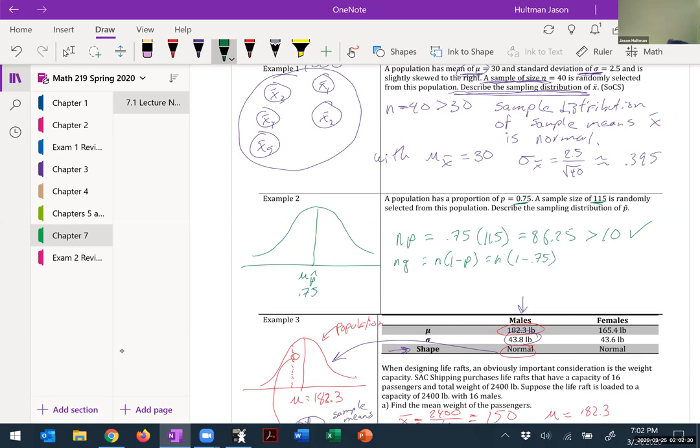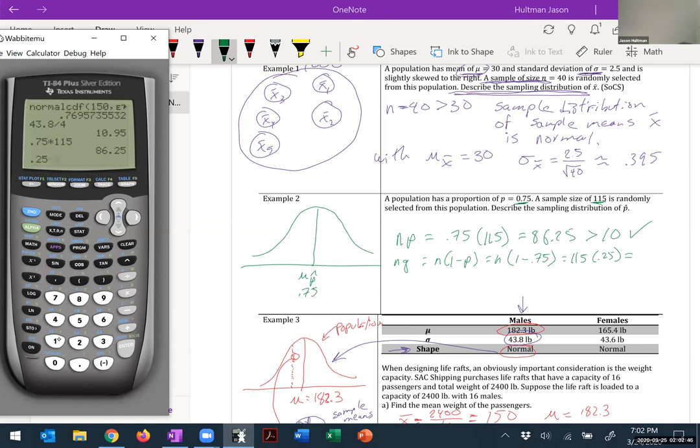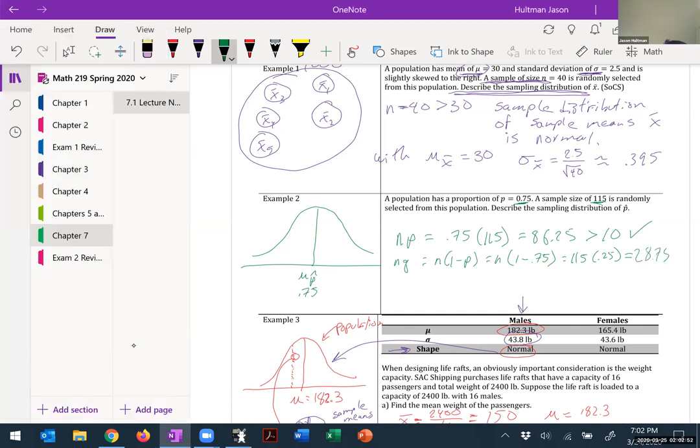That would be 0.25 times 115, which is 28.75, which is greater than 10. And so that checks as well.